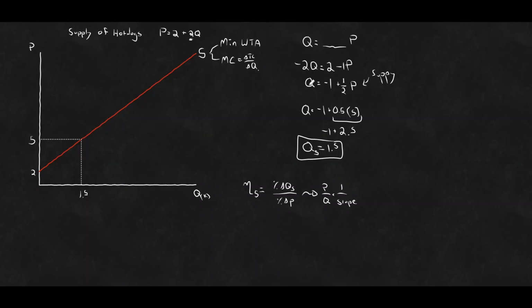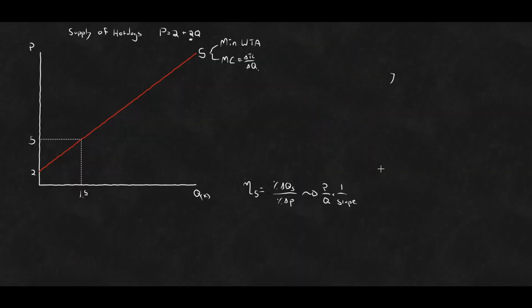That is the slope of our supply curve in this inverse supply, or marginal cost, minimum willingness to accept form. Again, although technically Q equals some function of P is the correct interpretation of supply, forget about it. That's not the way we're going to be dealing with supply. We'll deal with it truthfully in its minimum willingness to accept or its marginal cost form. What I want you to take away from that, then, is that 1 over this slope is what we could use for this elasticity of supply.